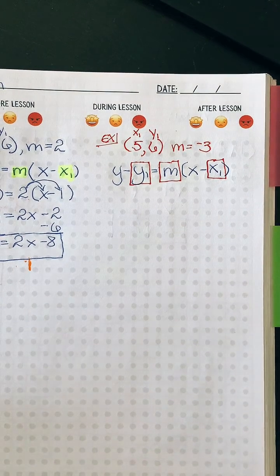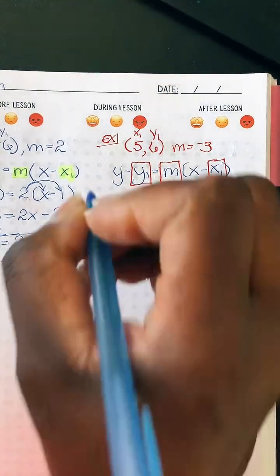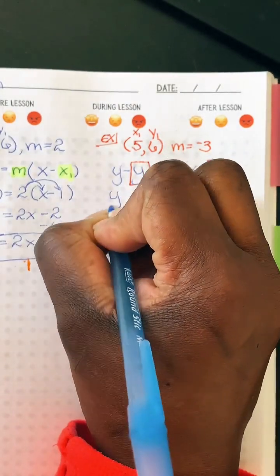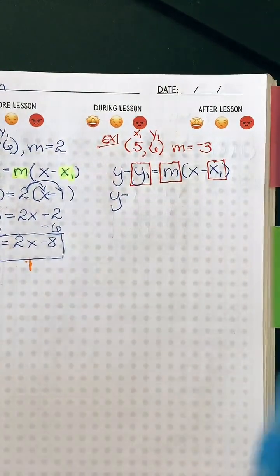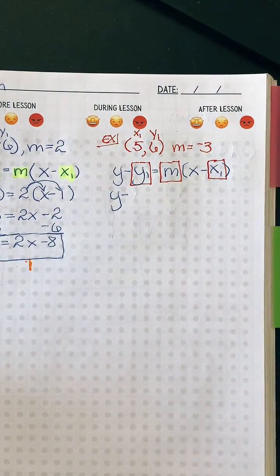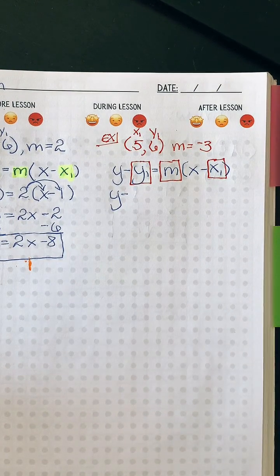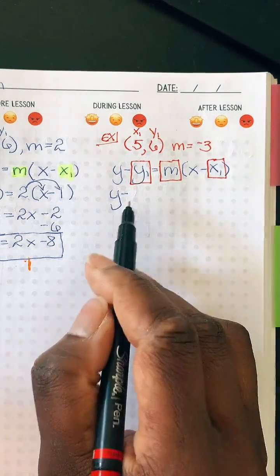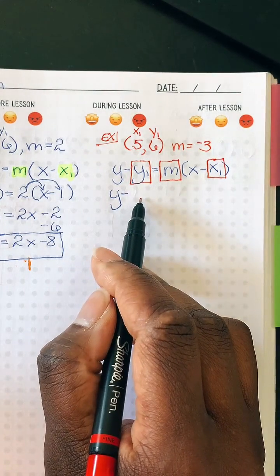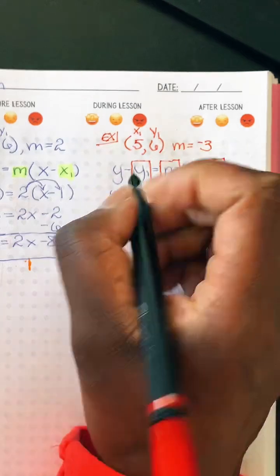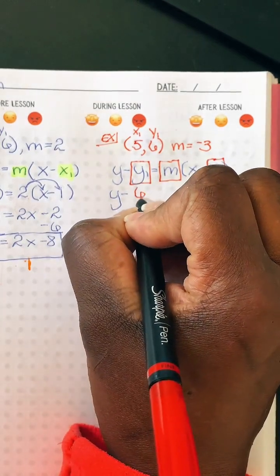All right, so let's plug away. So that means we have our y minus, what's my y1? Put it in the chat. What's my y1? Which should go here? All right, nice. Good, all the 6s.